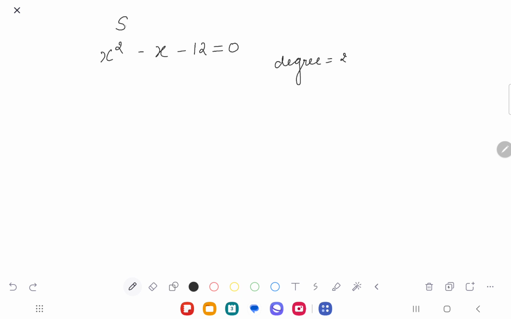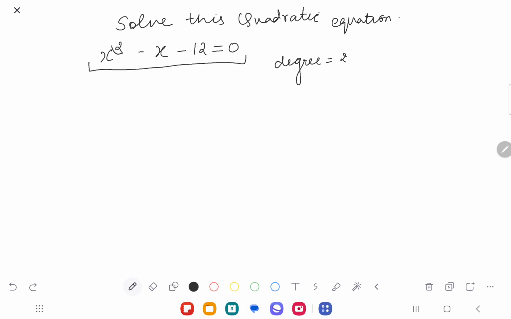So when I ask you to actually solve this quadratic equation, how would you solve? One thing from the degree you know positively. For sure, you know that x square minus x minus 12 has a degree 2.